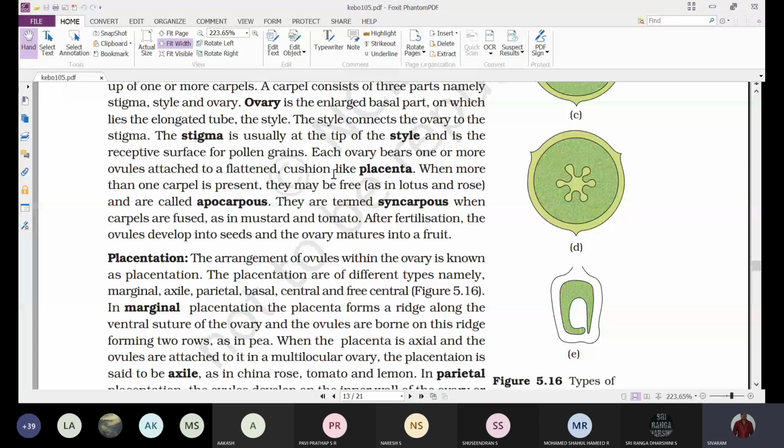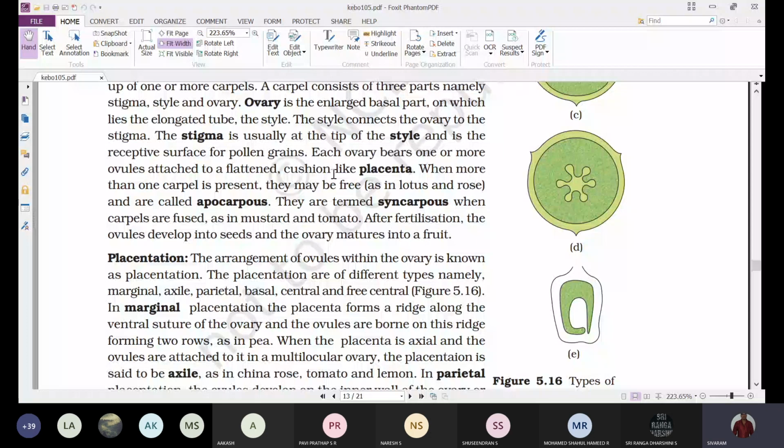How can we know that? The gynoecium is formed by the fusion of two or more carpels. Go to the kitchen, take one tomato and open it.